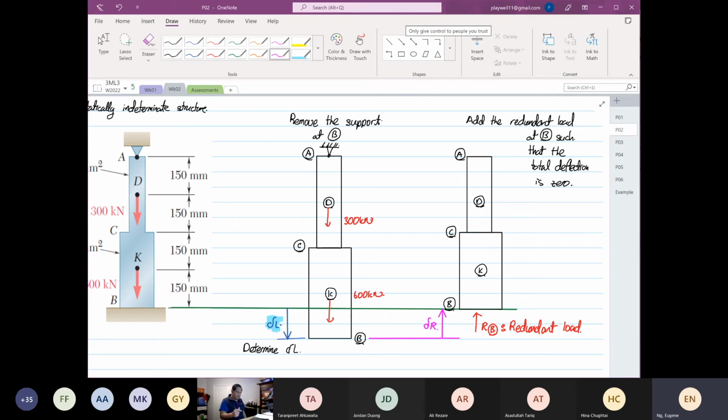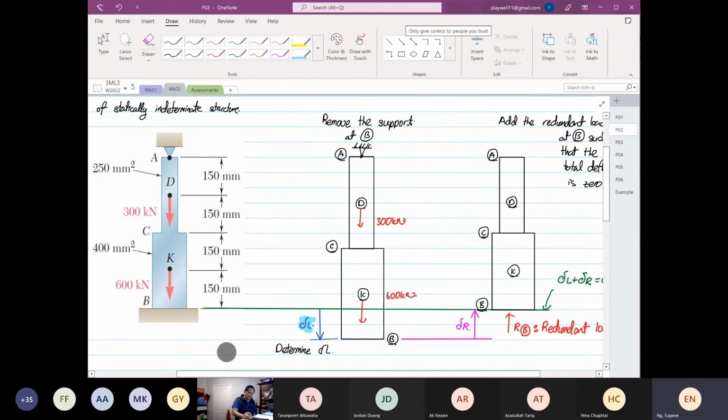Okay, and finally, this green line that you have seen down here, mathematically, what it's trying to express is such that the deflection due to the applied load plus the deflection due to the redundant load must be equal to what? 0.